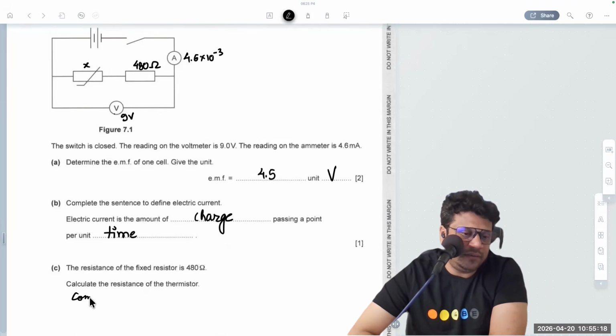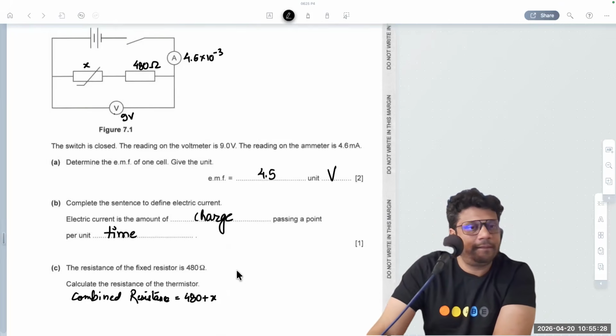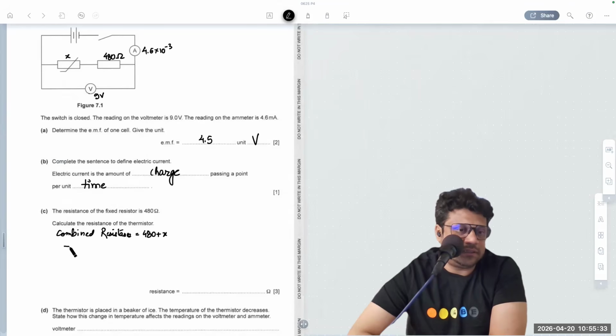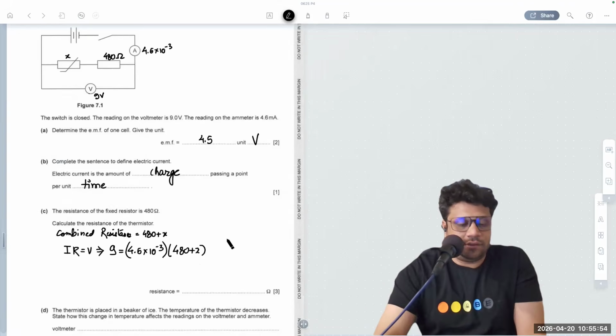So the combined resistance is 480 plus X. And I know that current into resistance should be the voltage. So 9 equals 4.6 into 10 to the power of minus 3 into resistance. Okay, so let's calculate.